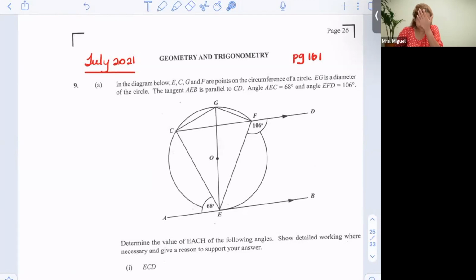We can see E, C, G, F. Just by observation, this is a four-sided figure inside the circle, so that forms a cyclic quadrilateral. Right away, we know we have a cyclic quadrilateral, so we can write that.